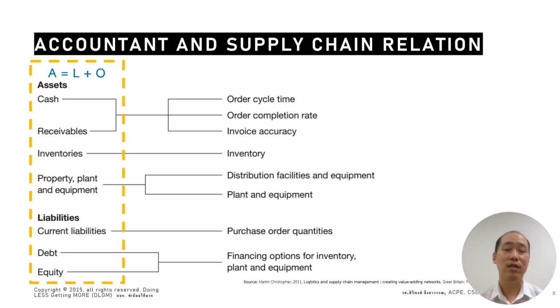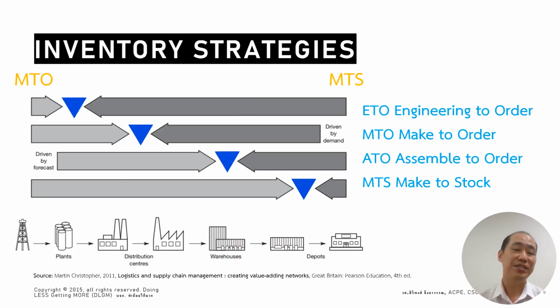You can see in the balance sheet the accounting and supply chain relation: assets, liabilities, and also owner's equity. So supply chain helps you to design financial and accounting results to generate greater profit, and links to other things that you can change in supply chain.